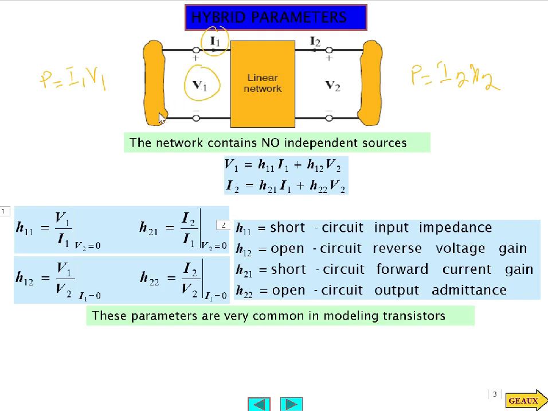Based on these variables, we conclude that the input voltage of this side depends upon the input current and output voltage. So we say that voltage depends upon voltage and current, but self current and opposite voltage.